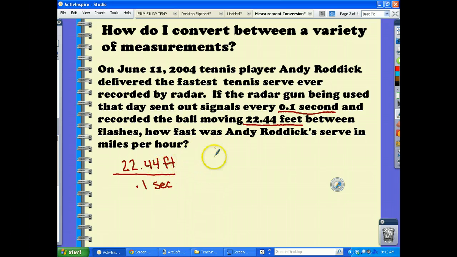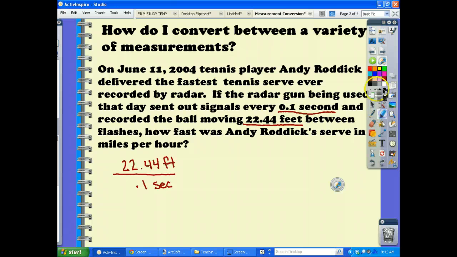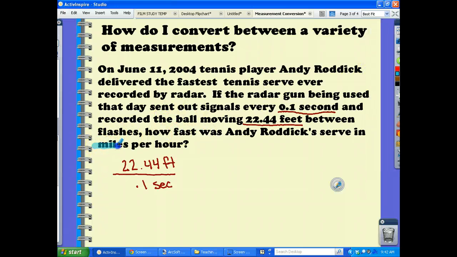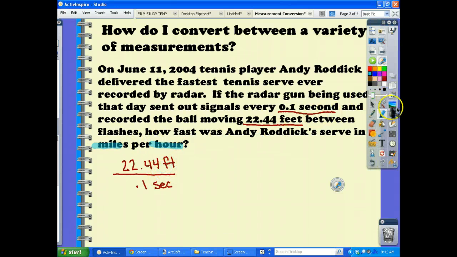So now I've got to make a conversion, actually 2 different conversions. The first one I want to deal with is just the distance. Well, what do they want to convert it to? Next here they want to convert to miles per hour. So I want to convert the feet to miles and the seconds to hours.